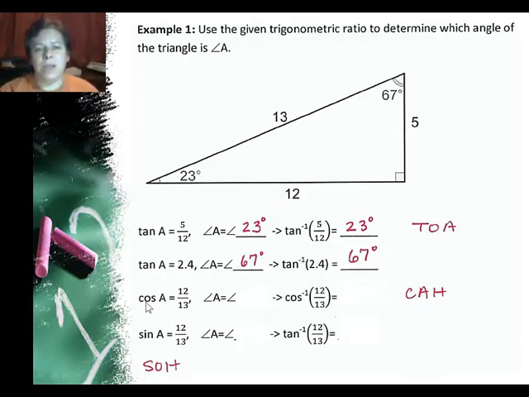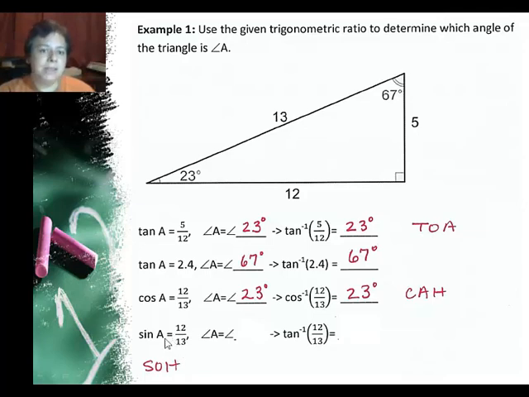On cosine, I know cosine of angle A is 12 over 13. Cosine is adjacent over hypotenuse. So there's my hypotenuse, the 13. If 12 is the adjacent, it has to be the 23 degree angle. And then when you write it as the inverse, that's how you would write it: cosine inverse of 12/13 equals 23 degrees.